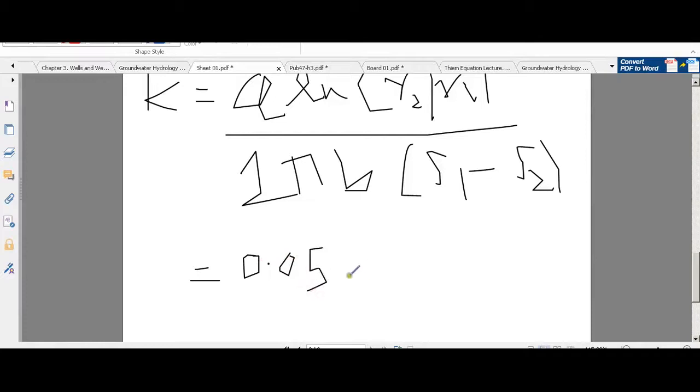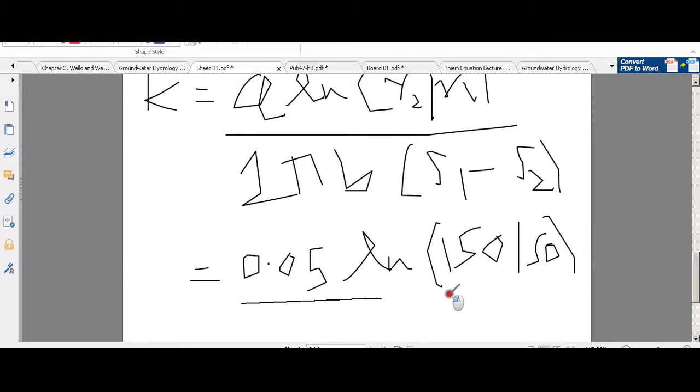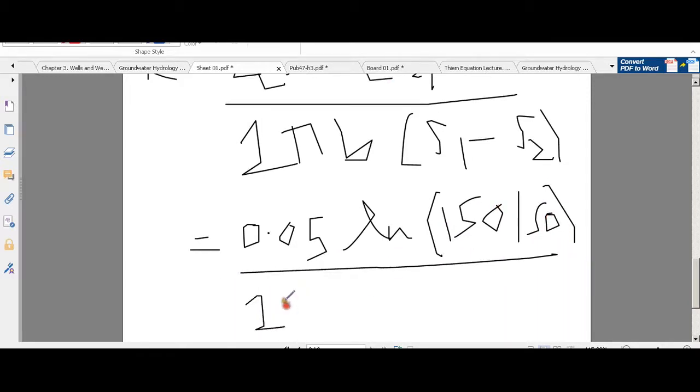So 0.05 ln of, it is not log guys, it is ln. R2 is 150, R1 is 50, divided by 2 pi.